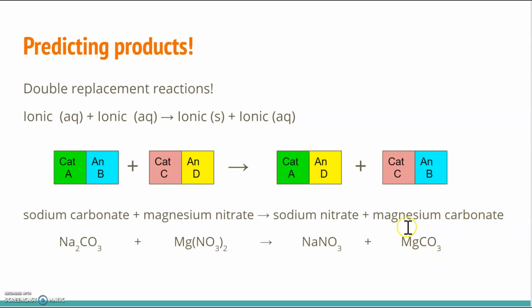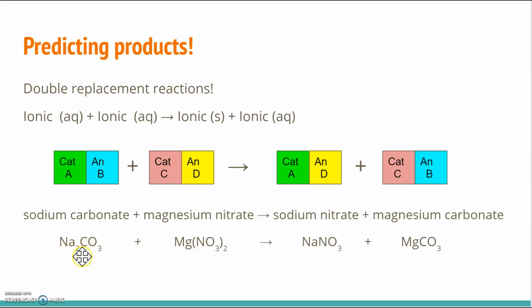And magnesium carbonate is +2 -2, so this is the formula. And you may notice that even though there were 2 sodiums as a subscript here, there's not a subscript here too, and that's okay because this was +1 and -2, so we needed the subscript, but this is +1 -1, so I don't need the subscript.